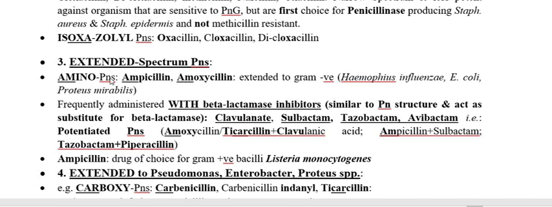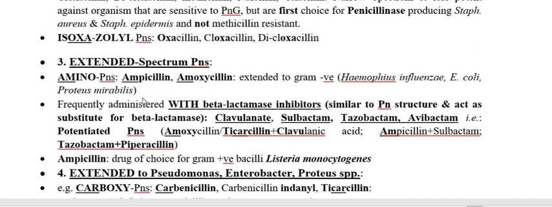aminopenicillins. Here is another interesting point. Why do we call them aminopenicillins? Because they possess an amino group. That is why the name has AM. So ampicillin and amoxicillin, these two are the very interesting extended spectrum penicillins. They possess activity against Haemophilus influenzae, E. coli, Proteus mirabilis.